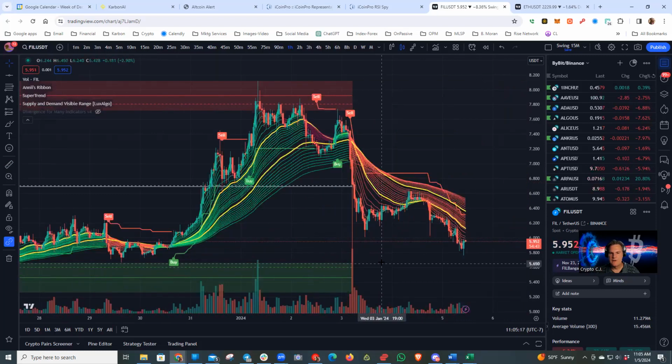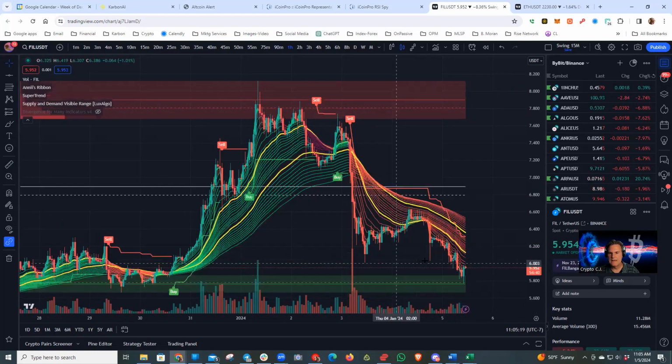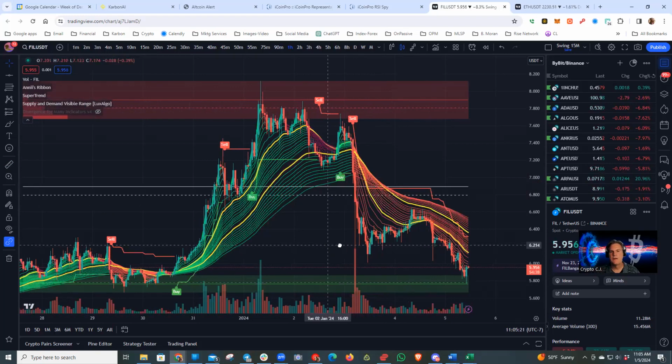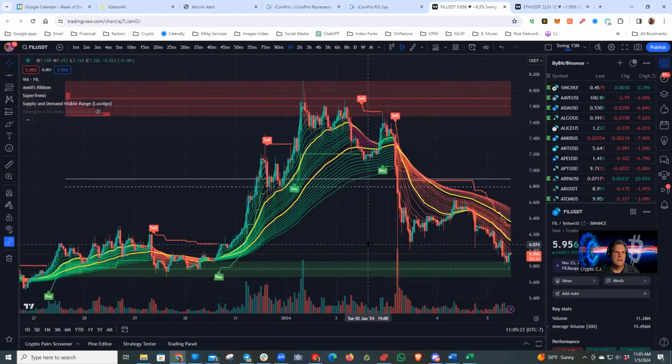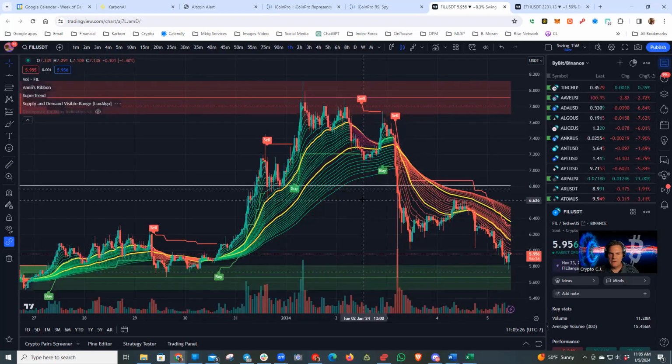I might still be in that trade. Yeah, it hasn't gone down to 565 yet. Or maybe I would have looked at some other resistance or support areas in this vicinity to determine where I get out. But if you're looking for something easy, you can just use the green and the red zones.